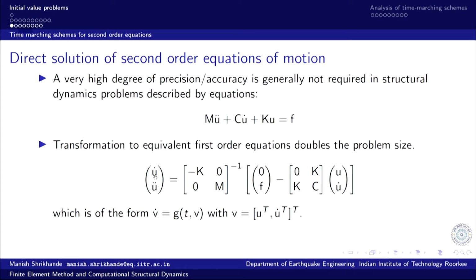So, u dot and u double dot represent v dot, and v dot is given by the gradient function, minus k m inverse of 0 and f, these are the right hand side vector, and minus this term that involves the state vector v. So, u and u dot.